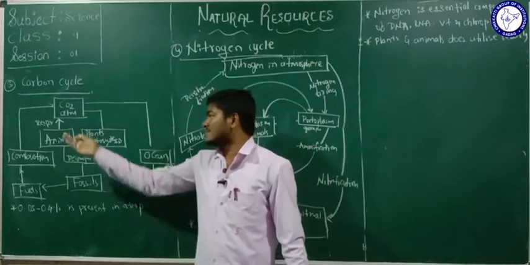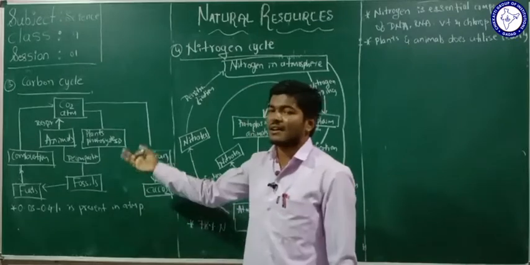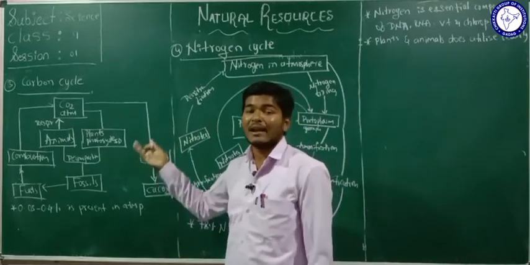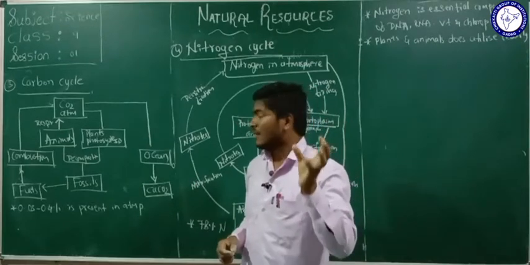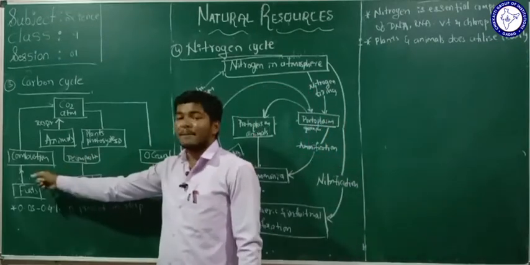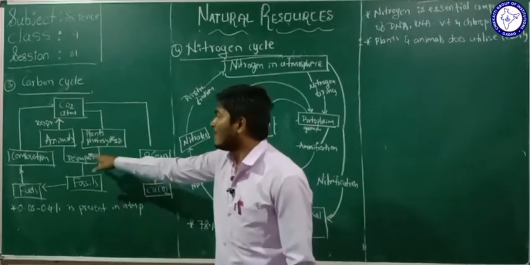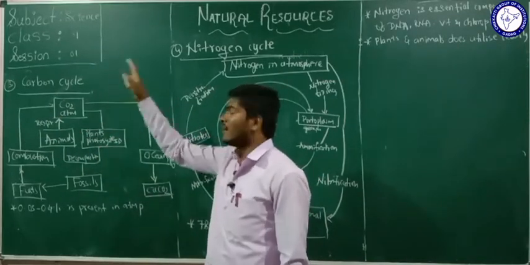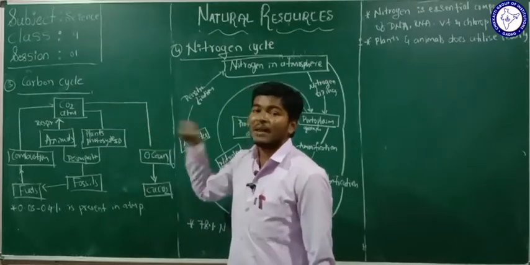After some time these living organisms are converted into fossil fuels. Fossil fuels are nothing but diesel, petrol and gases. These are the main carbon materials. When they go through combustion, they release carbon dioxide, and again the carbon dioxide is released to the atmosphere. The continuous circulation of carbon dioxide is formed here.